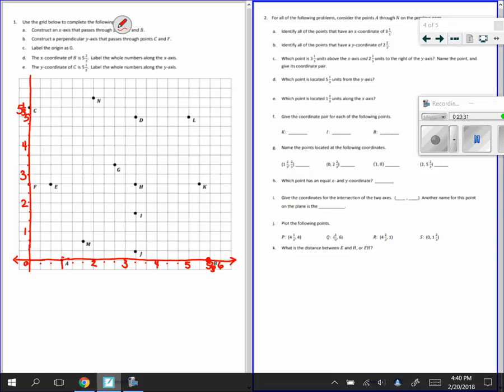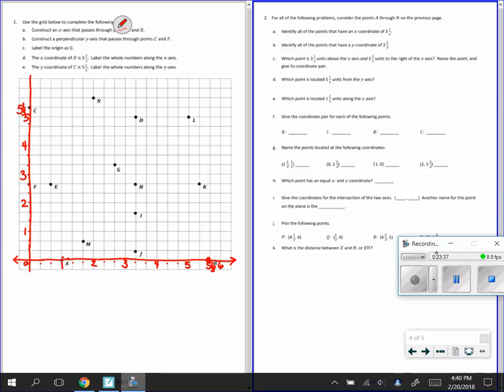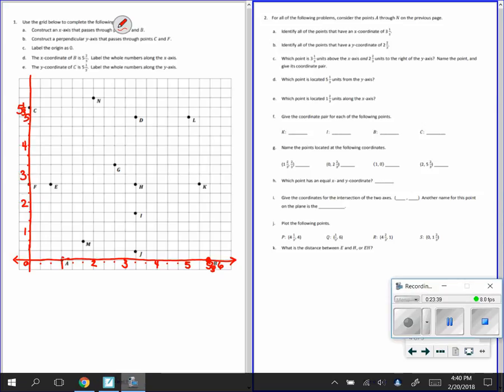Okay. So mine's a little bit smaller, but I needed my paper. Okay. So it says identify all the points that have an x coordinate of 3 1/3. So I need to locate my x coordinate. So that's everything that's on the x axis.